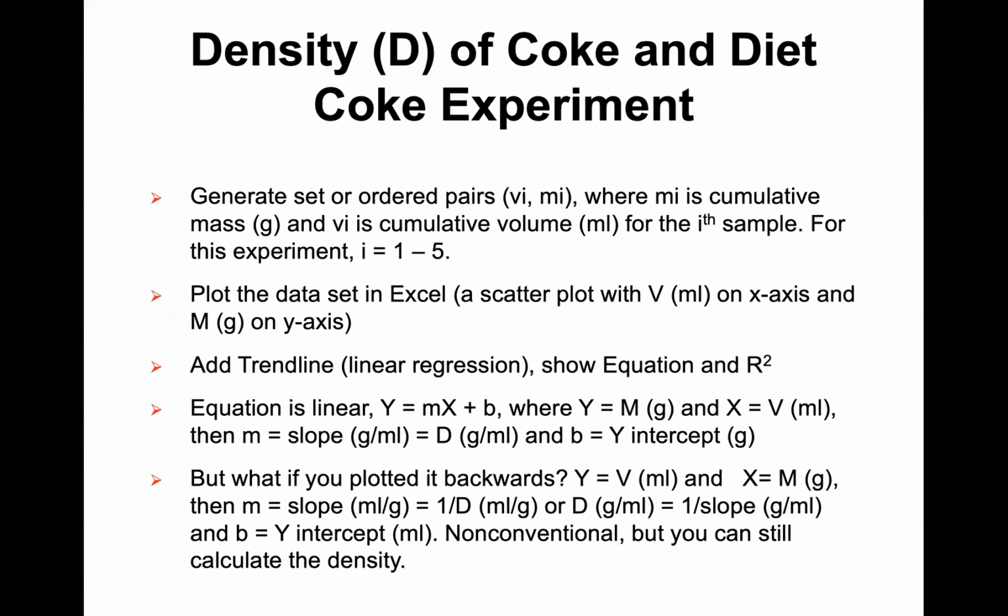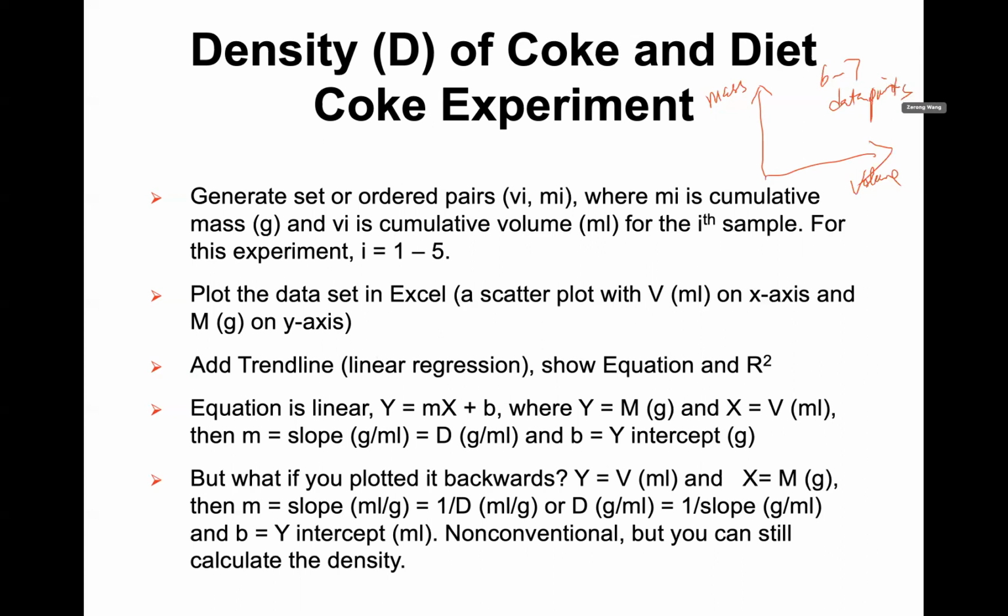Now, back to the question we mentioned earlier, we talk about linear regression, right? This will be your mass. This will be your volume. For the linear regression, if you want to have a good or acceptable result, normally we ask you to have 6 to 7 data points, right?